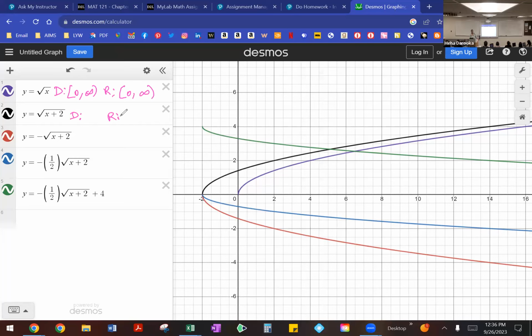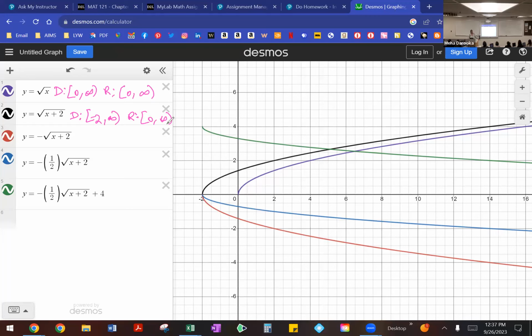Domain. What was our new domain? -2 to positive infinity. Did it affect our range? No, because our graph did not move up or down, it stayed where it was, so the range at this point is still the same.